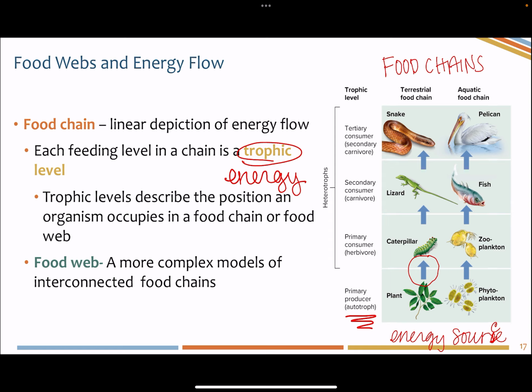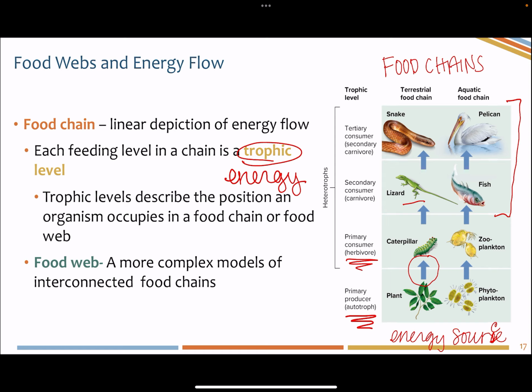The primary consumers are directly eating the producers. So these are usually going to be our herbivores. Above that, we start to see secondary and tertiary consumer levels. These are going to be our carnivores. Now you'll notice that carnivores are in either of two different levels in this diagram, and that's because we have a first level carnivore that's eating the herbivore, and then a second carnivore that's eating the first carnivore.